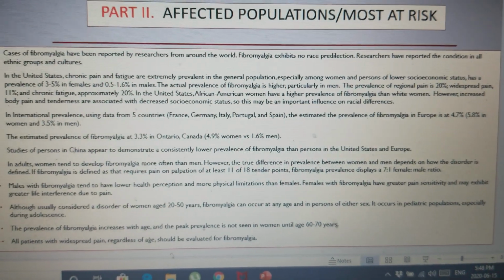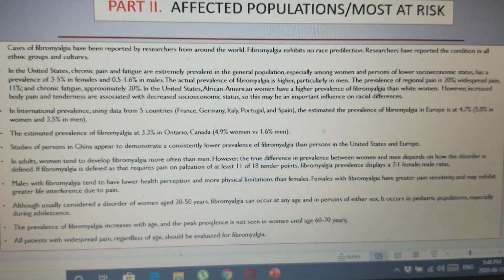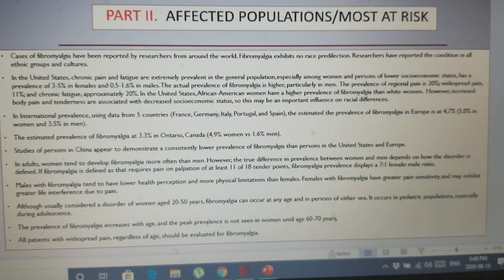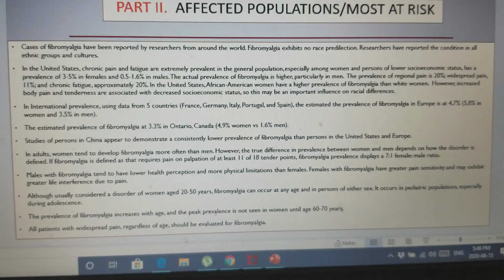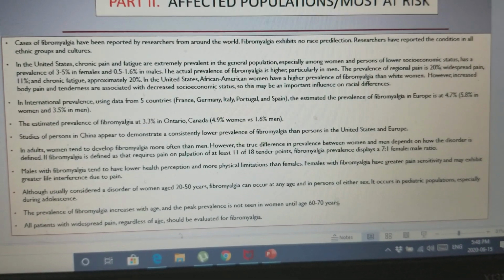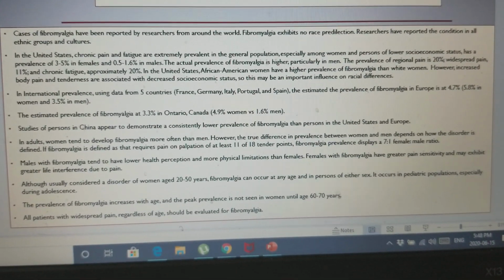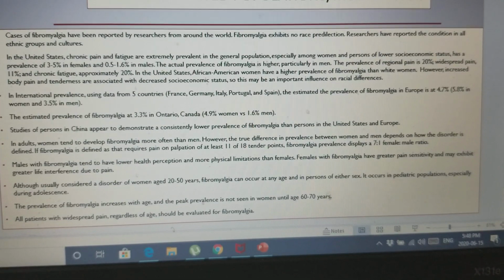There you go. These are just a few affected populations that are mostly at risk of having this fibromyalgia condition.